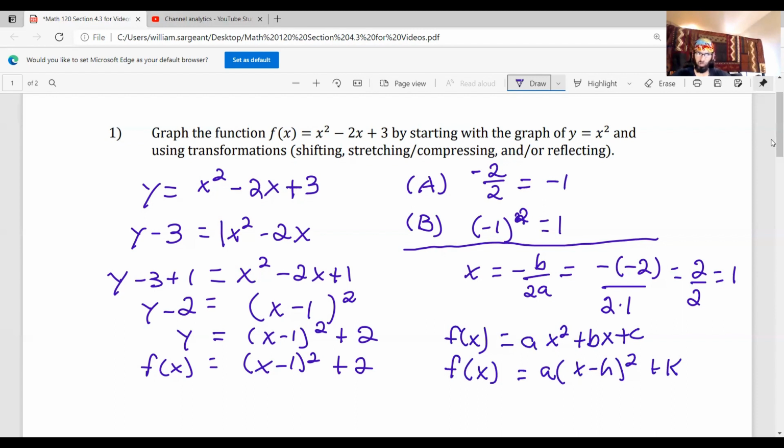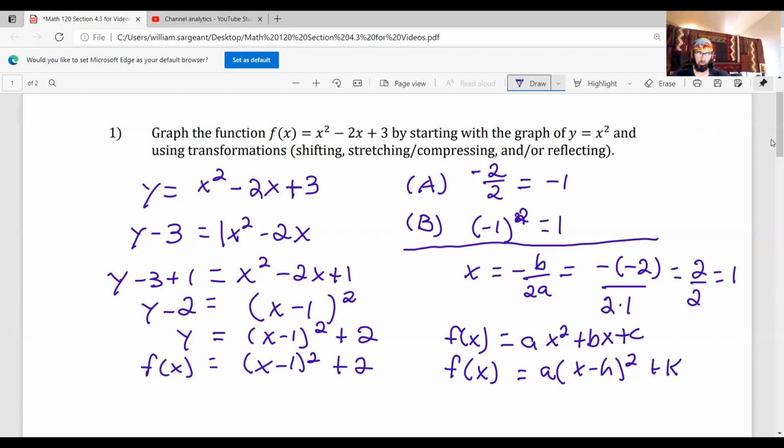One time something doesn't change it, that is the same. h is the x-coordinate of the vertex, and k is its y-coordinate.